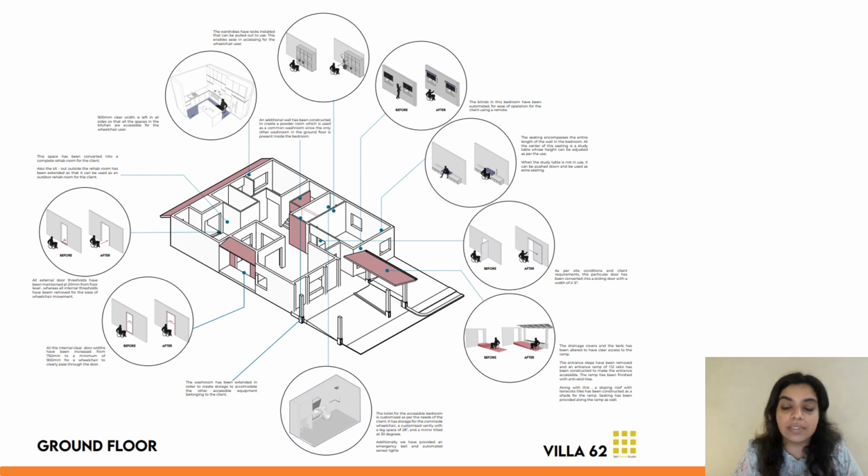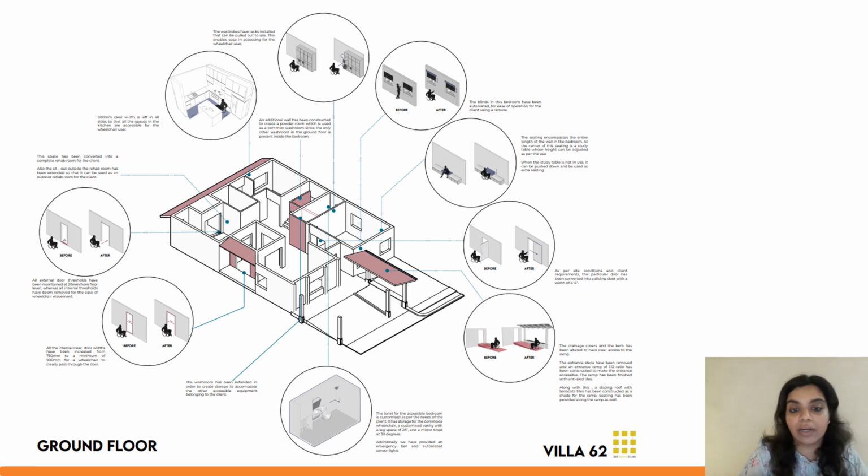be it the ramp, be it the entrance, the door to his bedroom, which was made into a sliding door, the seating, which had an integrated table with it, even the motorized blind, because he would have preferred that at least to be able to view outside his room, the accessible wardrobe, be it the kitchen, be it the thresholds near the doors, and even the accessible washroom for that matter.